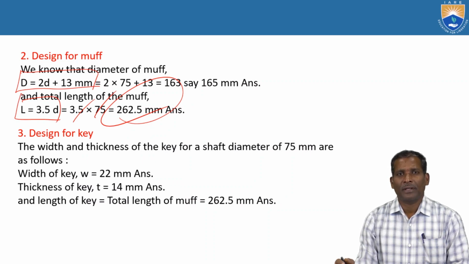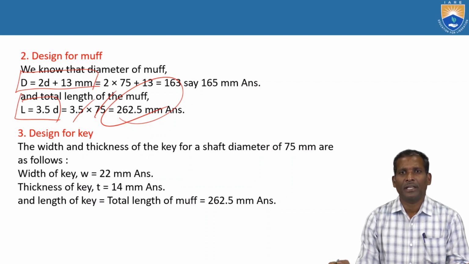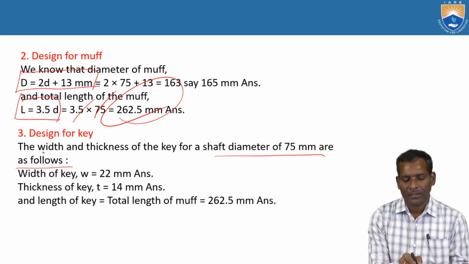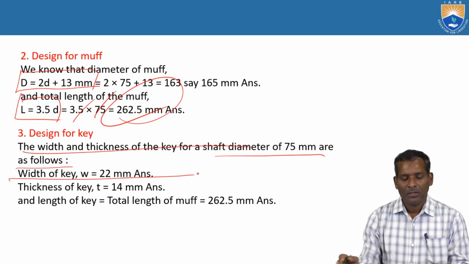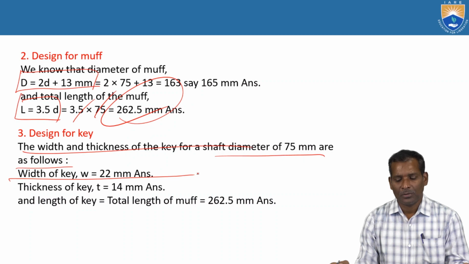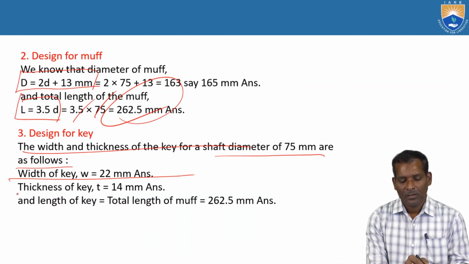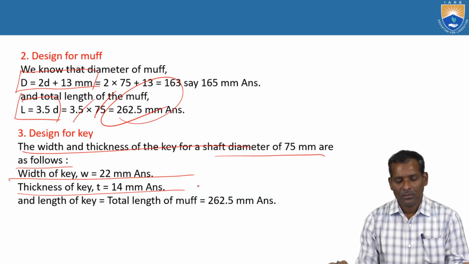Similarly, design for the key. The dimensions of the key are the width and thickness of the key. For the shaft diameter 75, you may take W equal to 22 and the thickness of the key equal to 14 mm.